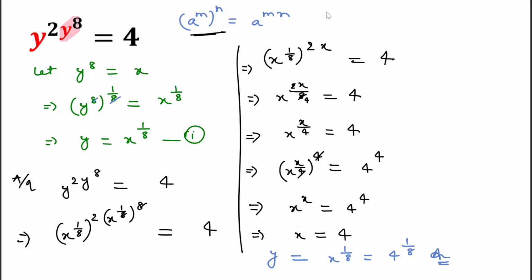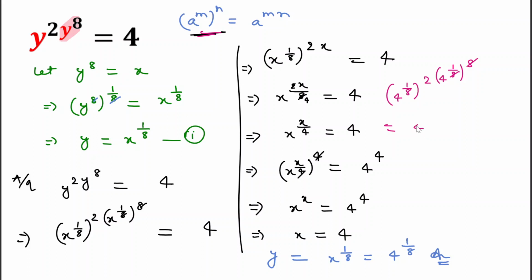So we can write in place of y, 4 to the power 1 over 8 here, and power 2, and once again y, so I will write 4 to the power 1 over 8 to the power this 8. Once again using this formula we can cancel this.